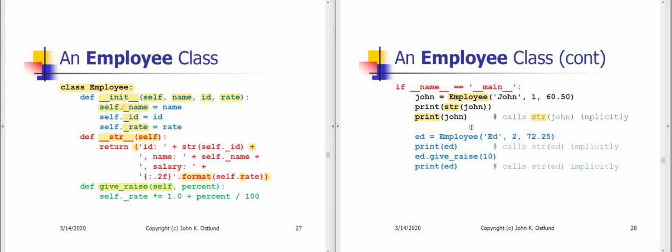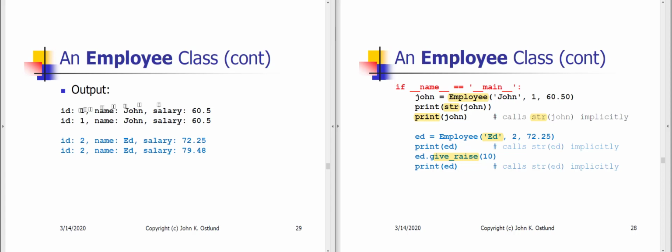Okay, so all we're doing with this employee John is to create the employee and then display the information about the employee 2 times. For this next employee, Ed, we are creating Ed and displaying Ed. Then we're going to give Ed a 10% raise and display Ed again. All right, so let's see what we see on our screen when we run this code. Okay, so we are creating this employee John and then printing John twice.